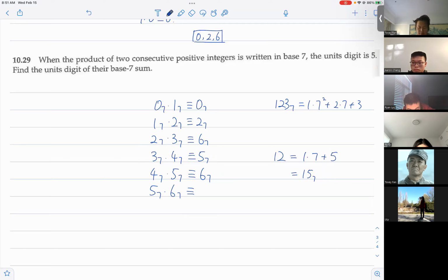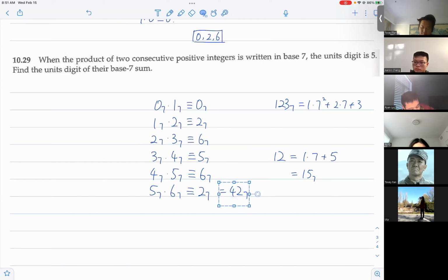If you got 9, you can just minus 7, right? Because 21 plus 9 gives us 7 over there. It's going to be 28 plus 2, right? So in other words, you would have 4, 2 in base 7. So 42 in base 7, 4 times 7 is 28. 28 plus 2 is 30.